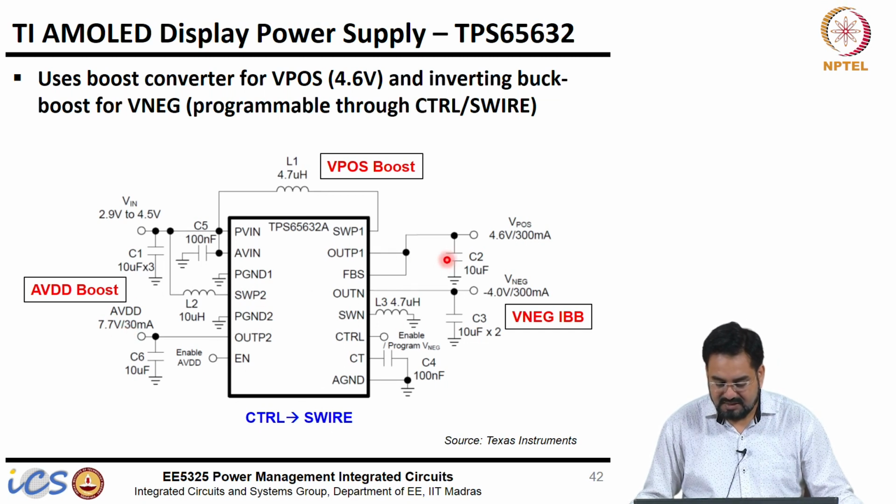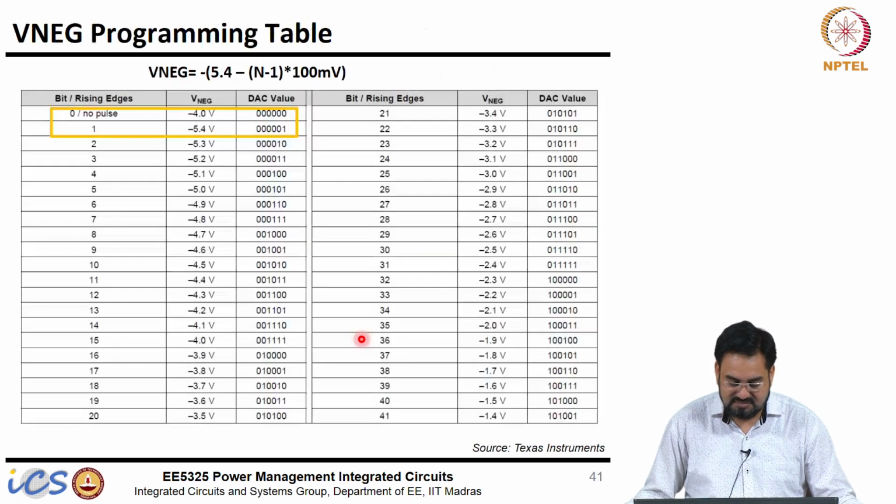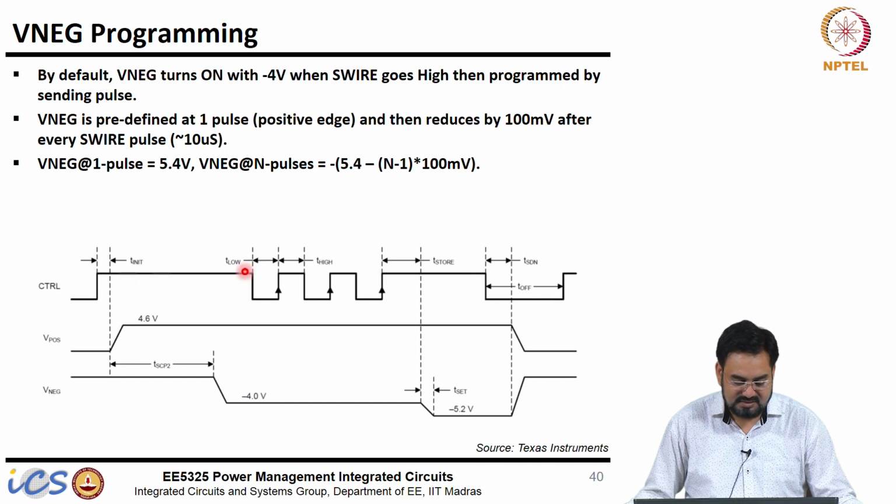On the right hand side we have this positive boost, 4.6 volt, 300 milliamp, and this one is your negative buck-boost, which is minus 4 volt, 300 milliamp. Minus 4 volt is the default, but it can be programmed using this control signal CTRL, which is nothing but S wire, this guy.